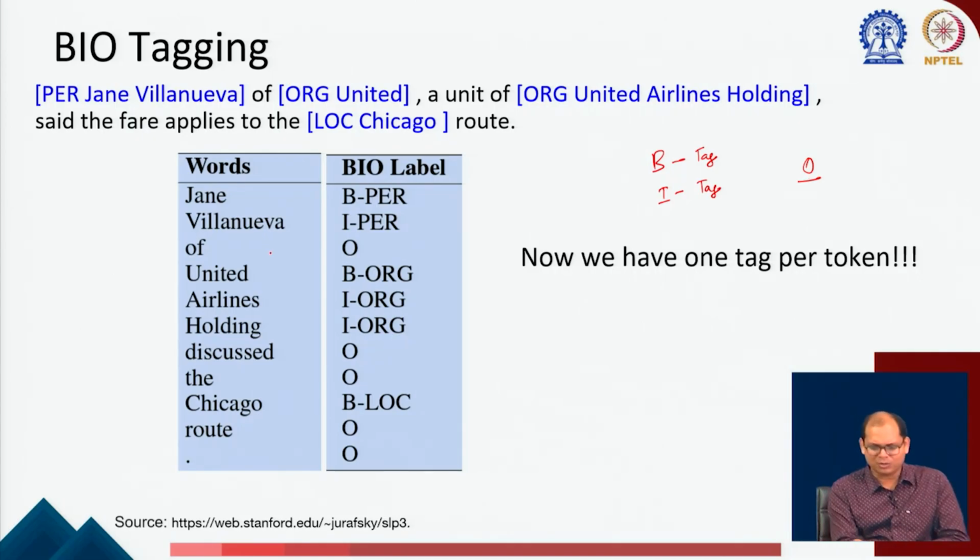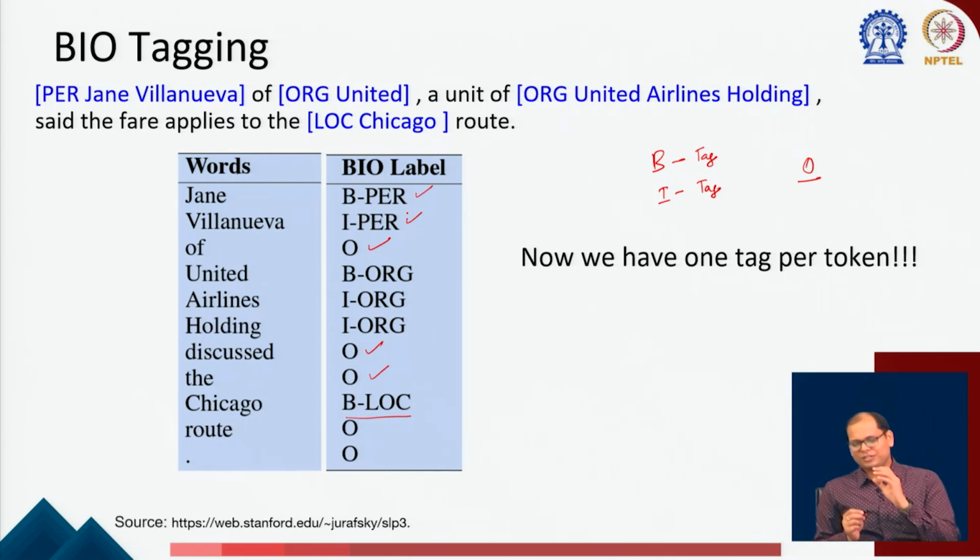So "of", "a unit of", they will be given O, and all the other untagged words will all be given O. But Chicago is one word, so you always start with B of the tag, so beginning of location, and it just ends there. But if you have 2 words like Jane Villanueva, you will have beginning of person and inside of person, right?